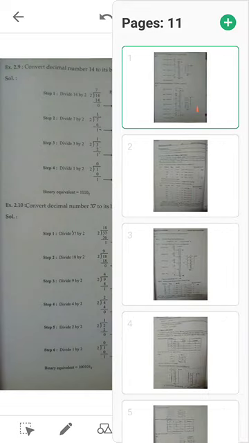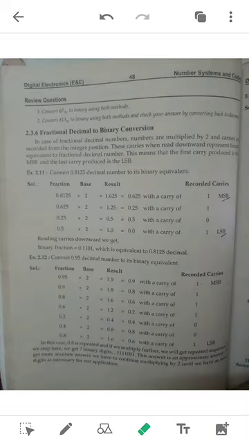Okay, next let us see one more example, called fractional decimal to binary conversion. How do we convert a decimal number which is fractional, meaning the digits after the decimal point? For this we multiply the fractional number by 2, and the integer which is generated has to be taken as a carry.